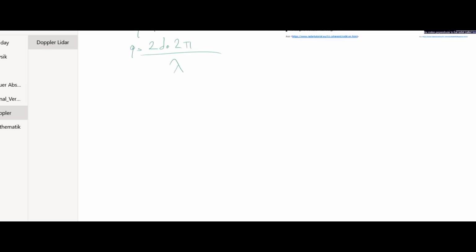If the particle that I'm aiming at has a speed toward or away from the observer or receiver, it is going toward me, it has a speed. It is going away from me, it has a speed, and that speed can be defined by time.